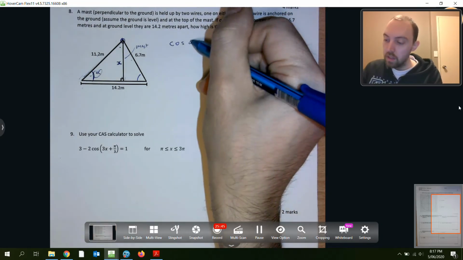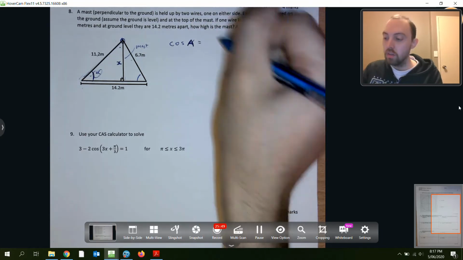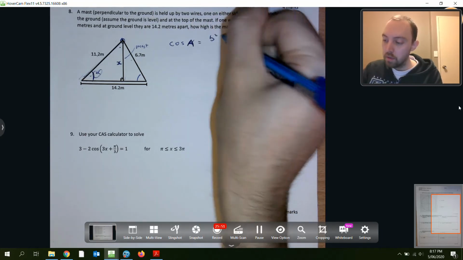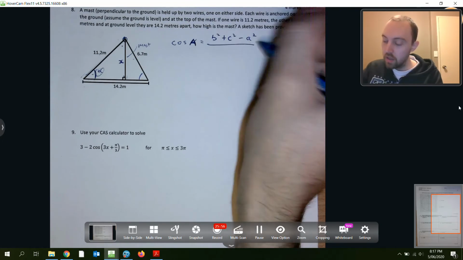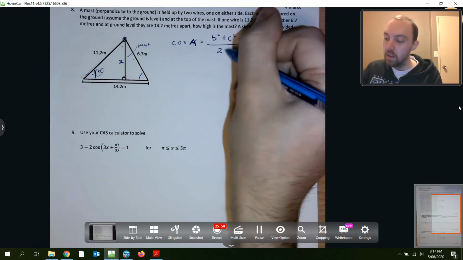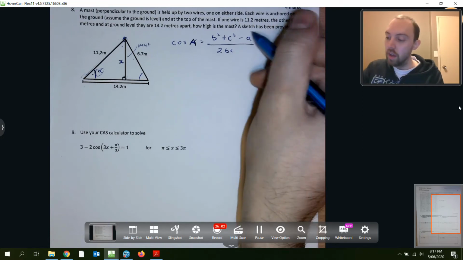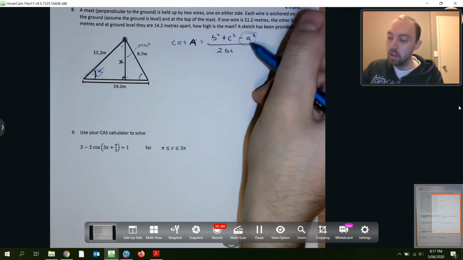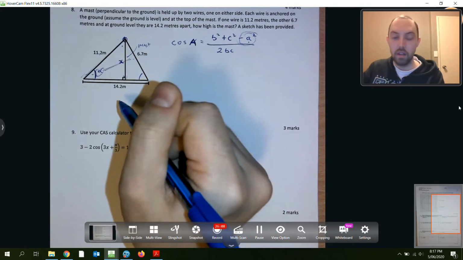Let's start with the formula itself. Let's say cos of A would be b squared add c squared, take a squared, again you might see this slightly different, divided by 2bc. The side that I am taking, a, has to be opposite the angle that I'm trying to find.